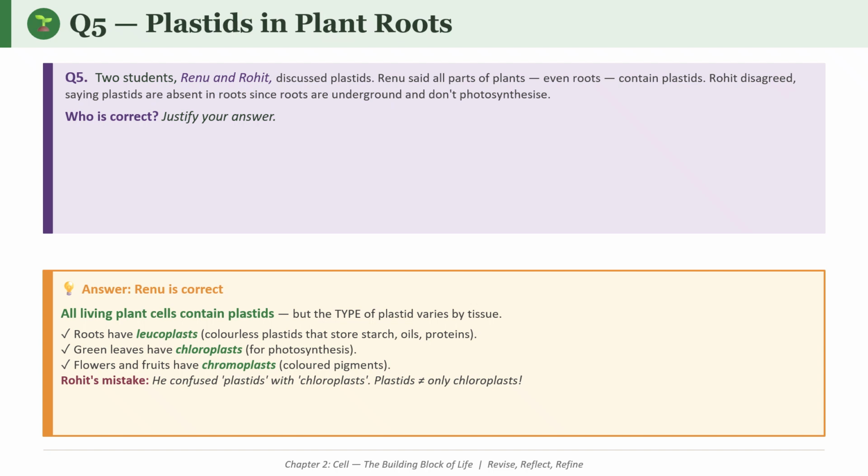And the coloration of flowers and fruits is because of chromoplasts, which have colored pigments. So Rohit is mistaken; he is confusing plastids with chloroplasts. But plastids are not only chloroplasts; there are chromoplasts and leucoplasts also.